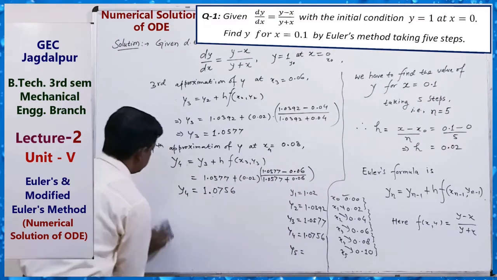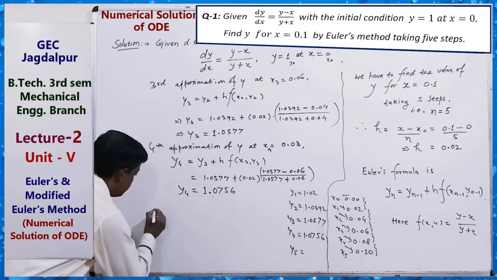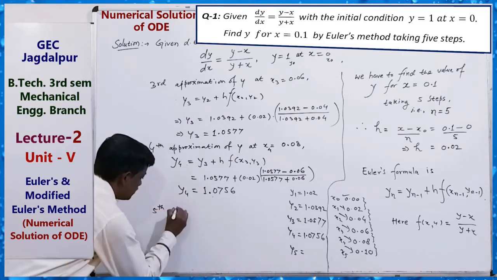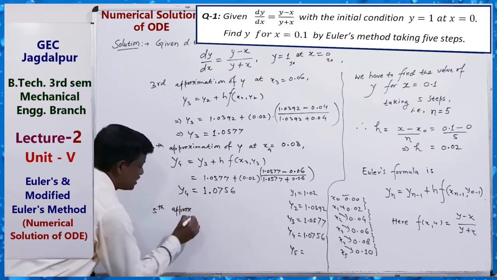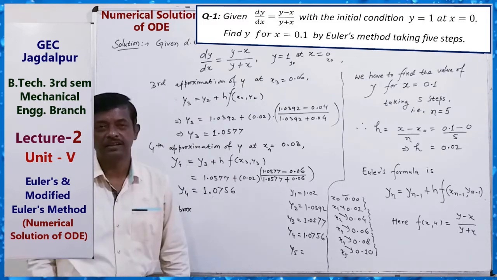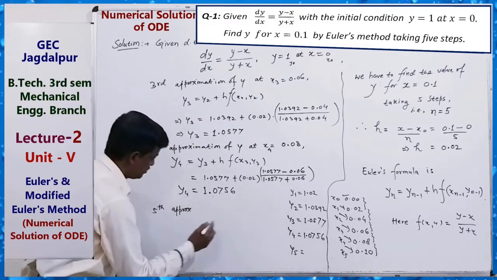Next, the fifth approximation. Because we are taking only 5 steps, we stop at this step.